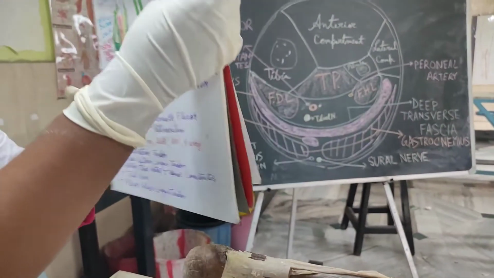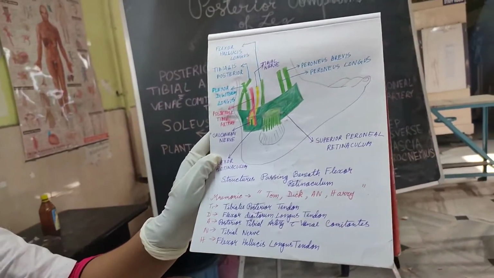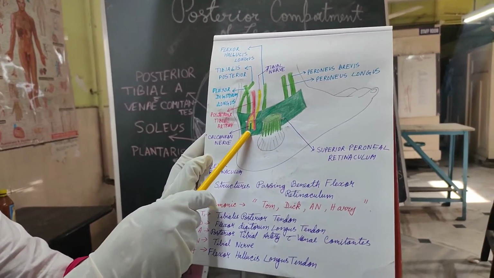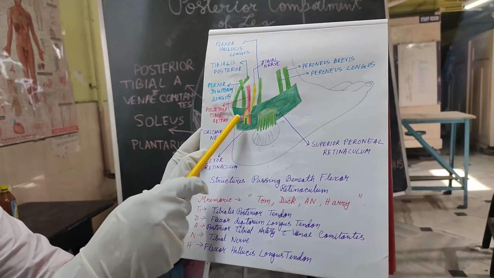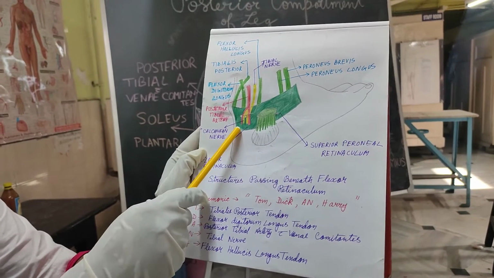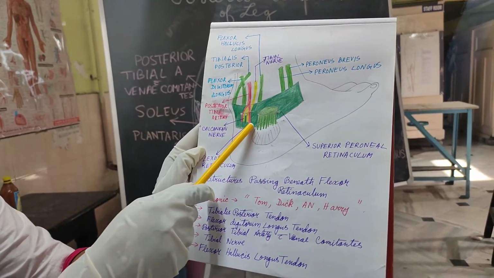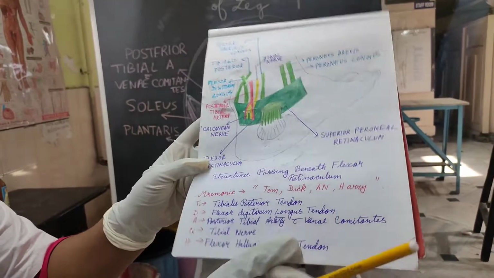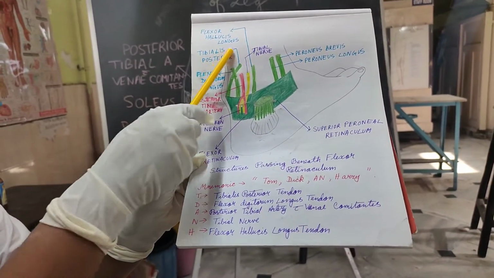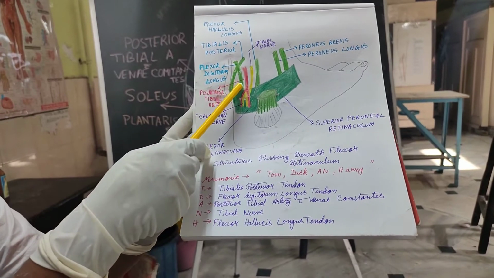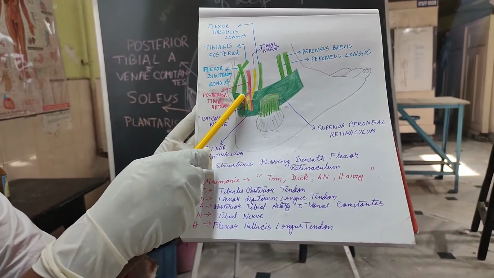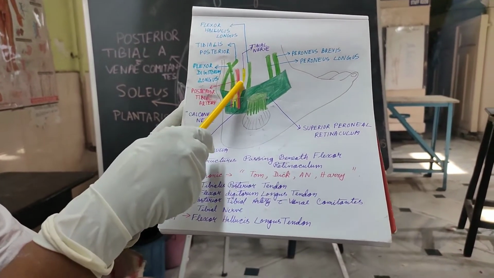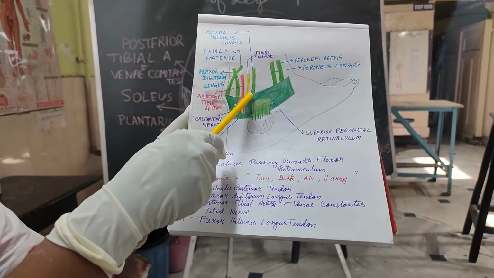All the structures of the flexor compartment are held in place by the flexor retinaculum. The flexor retinaculum is a condensation of the deep fascia of the leg. The structures lying from medial to lateral side are medially tibialis posterior, then flexor digitorum longus, posterior tibial artery, tibial nerve, flexor hallucis longus.